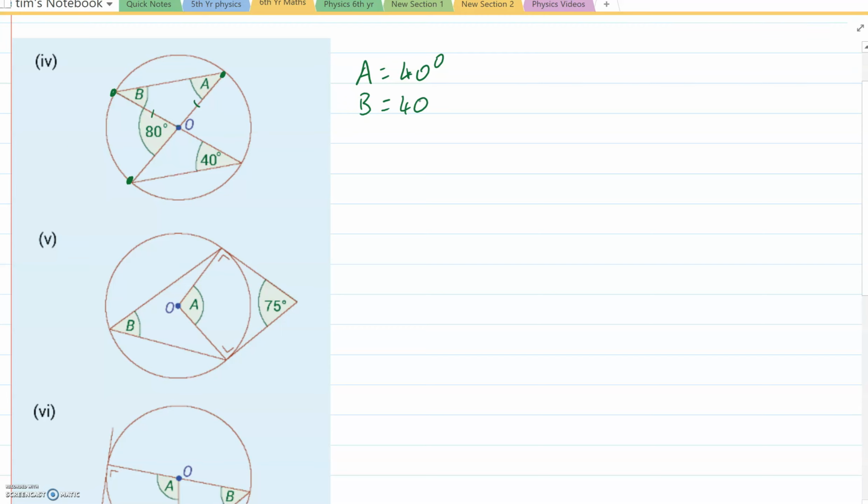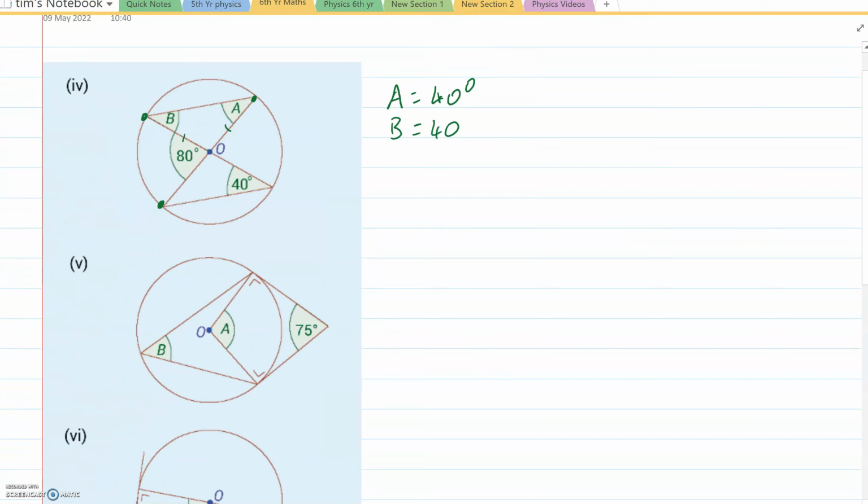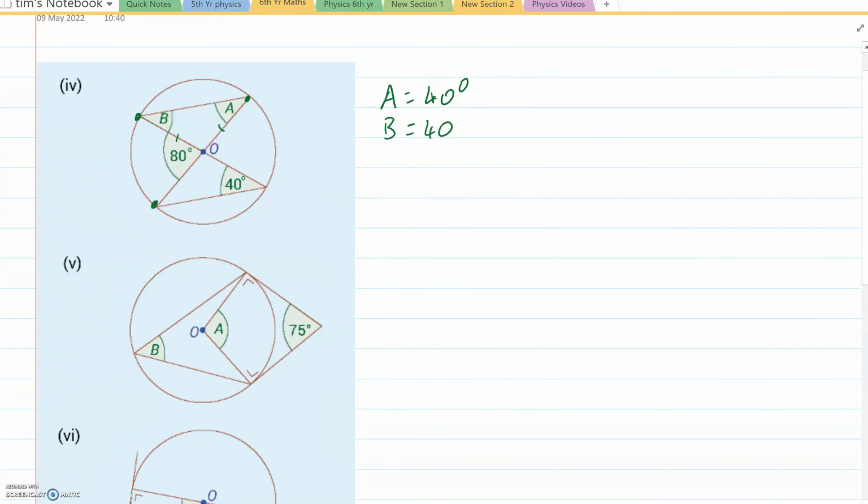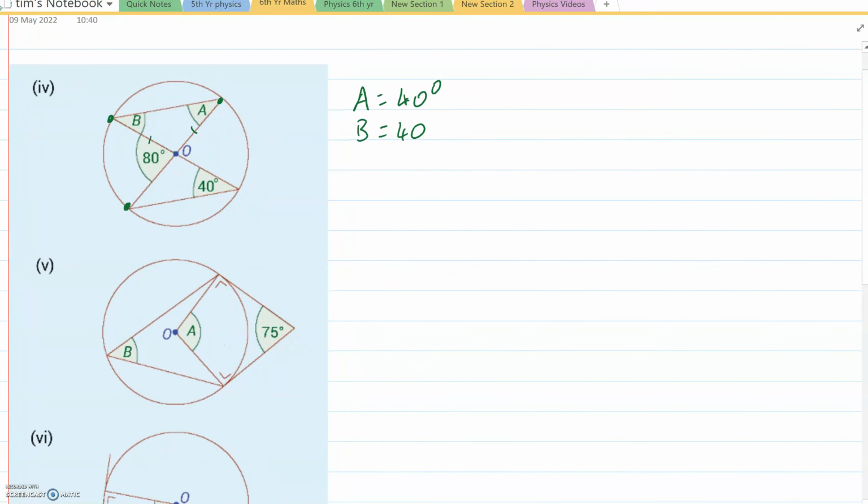Just as a matter of interest, you could also have got angle A from knowing this angle here is 80 degrees. It has to be half of 80 degrees, because this angle and this angle share the same base, but the 80 degree angle goes to the center, and the angle at the circle is always half of the central angle.